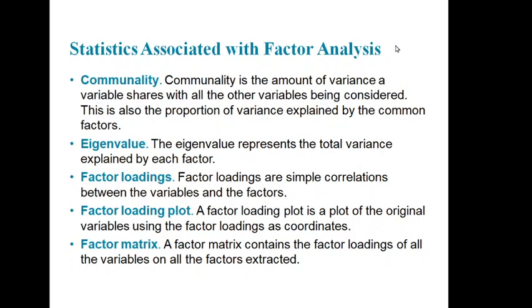The thumb rule says that if the eigenvalue is above 1, you can select it as a factor. If there is any value below 1, you don't select it. If it is above 1, you can select those factors and you can then name those factors. We'll see that in the later part of the lecture.